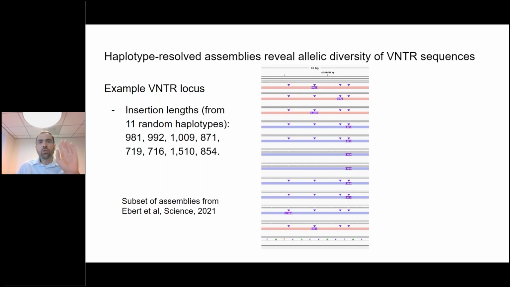When we zoom in on the actual alignments, we can see this huge diversity between individuals. So here's one, not quite randomly chosen, but a known-to-be-diverse tandem repeat, where I pulled 11 haplotypes, and there are 8 different lengths of tandem repeat insertion here.